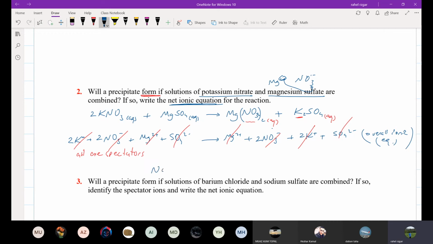We'll say no net ionic equation. So if there isn't any precipitate, if an insoluble compound is not formed, you will write no net ionic equation, because everything is a spectator ion. All right, I'm going to give you some time to write that down as well.